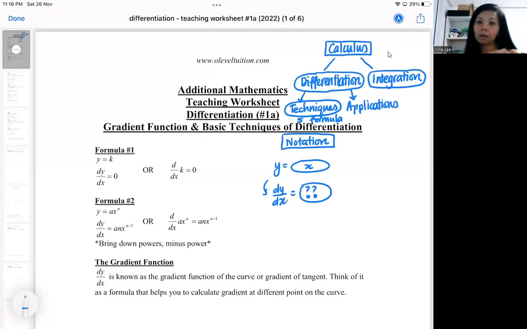After you apply the 5 formulas, you'll be getting a dy dx. Let's see whether you can see the pattern in the notation. If you have an area formula in terms of x, after you apply any of the 5 formulas under the technique, you're going to be getting dA dx.